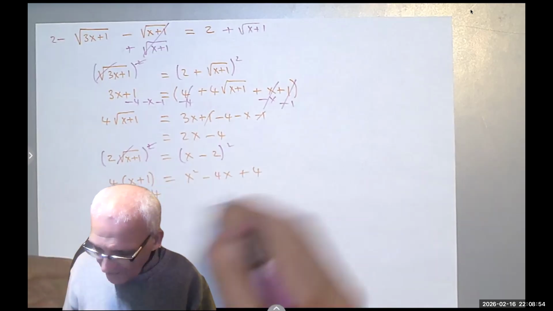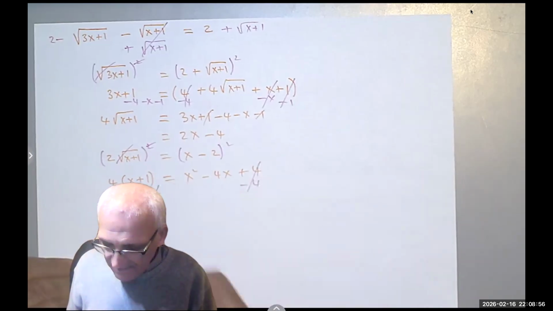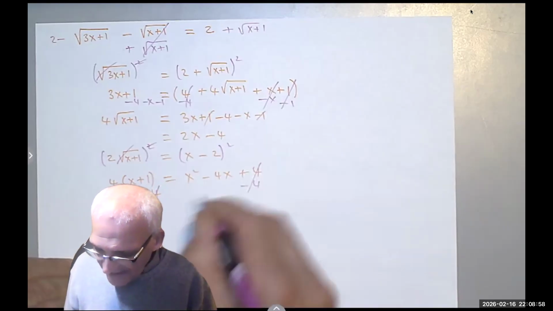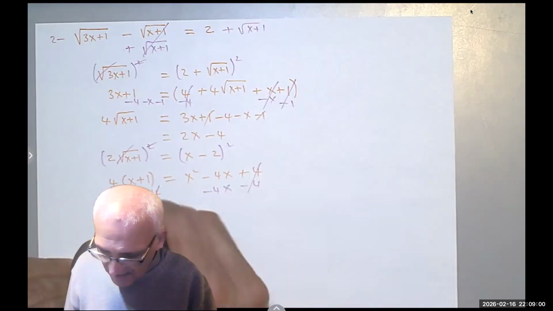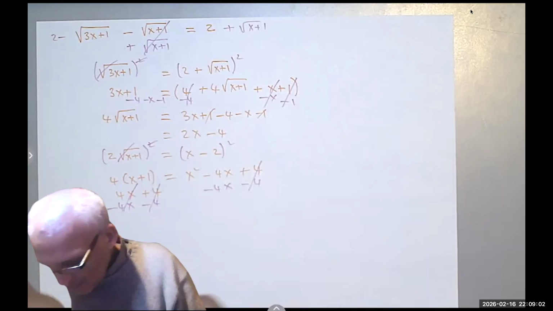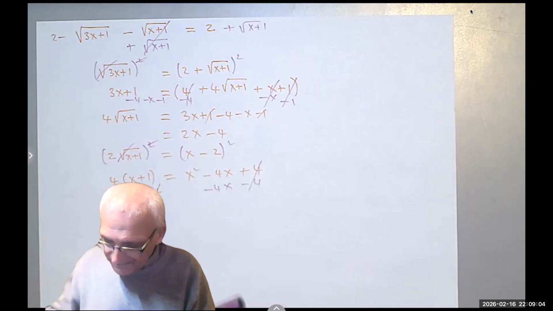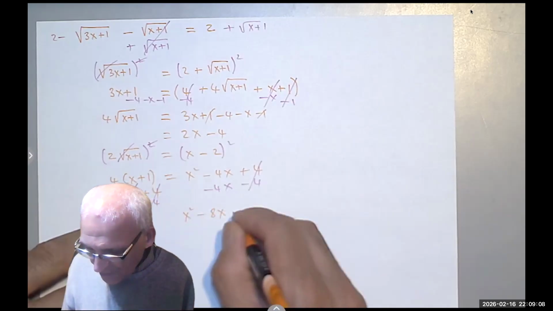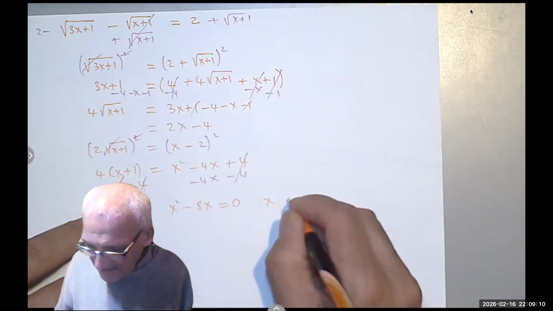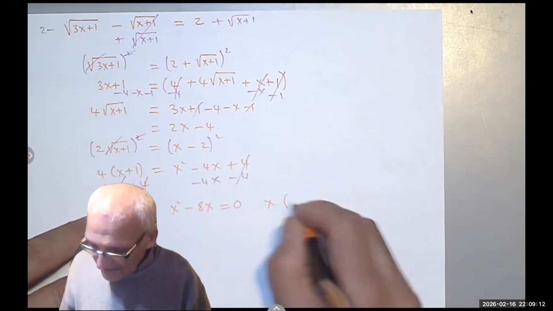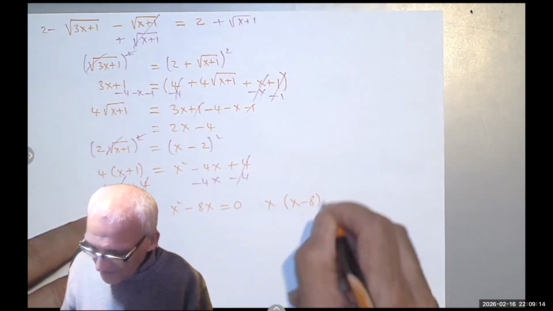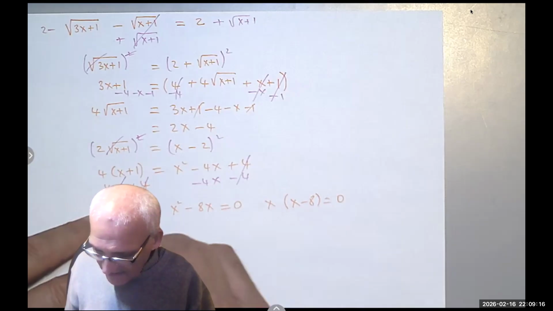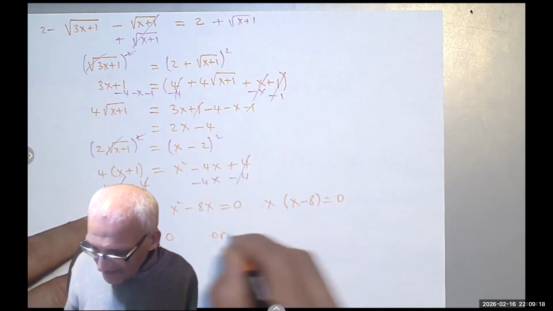Subtracting 4 from both sides, cancel them. Subtracting 4x from both sides would make the equation become x squared minus 8x equals 0. You factor out x, so you get x times x minus 8 equals 0. So either x equals 0 or x equals 8.